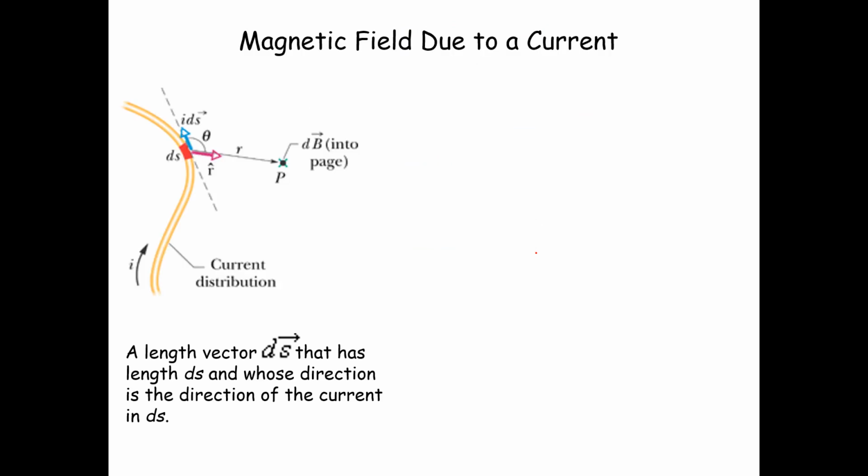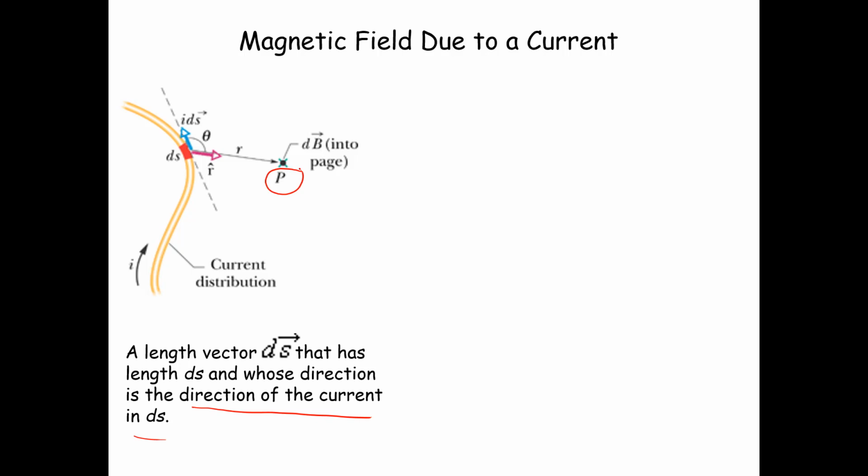So if we have a wire, like the yellow one, which is a cable containing a current, and a length vector ds that has a length of ds and whose direction is the direction of the current in ds. If we want to calculate the magnetic field at P, how do we calculate it?